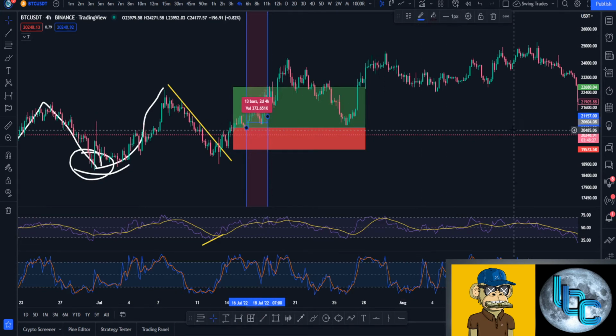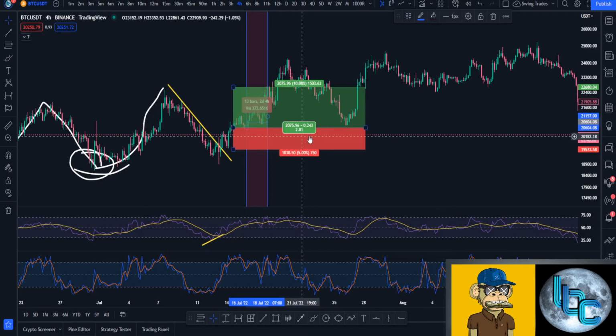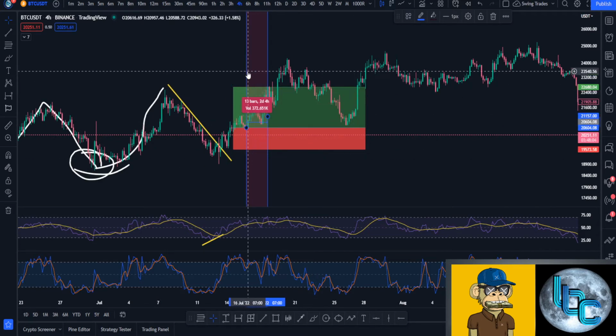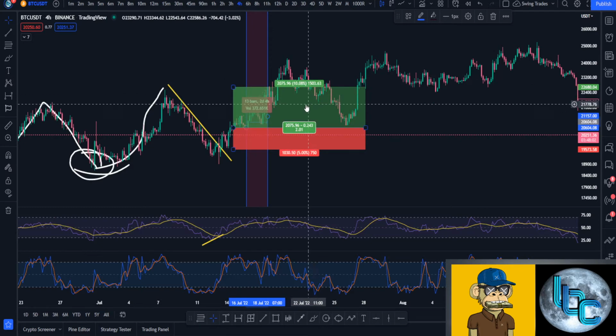Essentially you cut more than half of the original trade. I don't know why that was so difficult to say, it's like my brain glitched. But yeah, so that's swing trading basically in a nutshell.